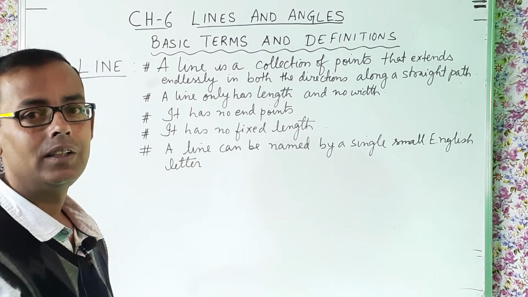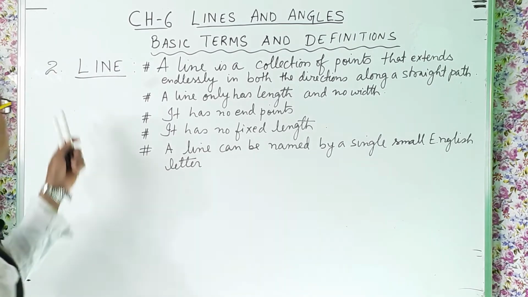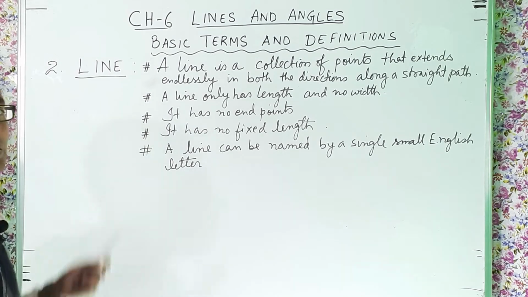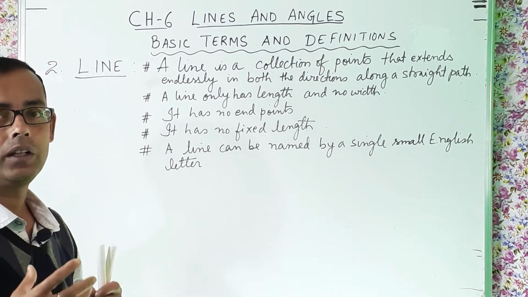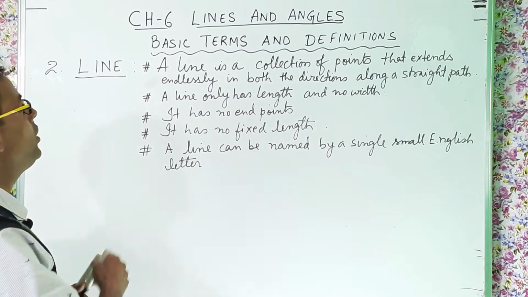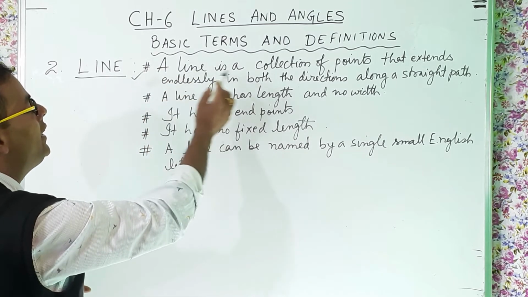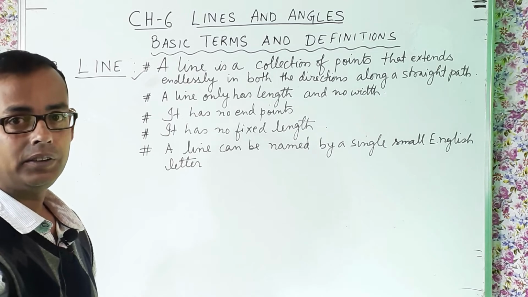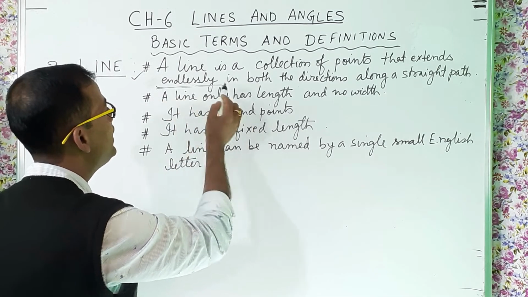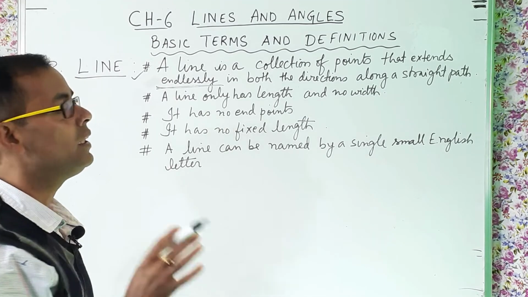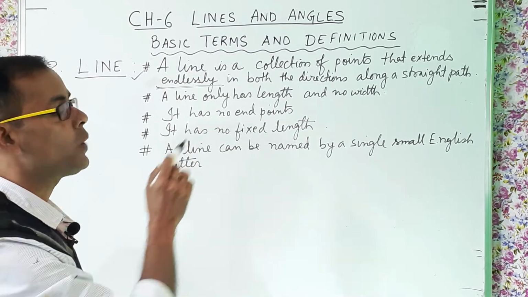We will move on to the next term. Now the second term is line. So what is a line? You should have a concept of the term line. First, a line is a collection of points that extends endlessly in both directions along a straight path.